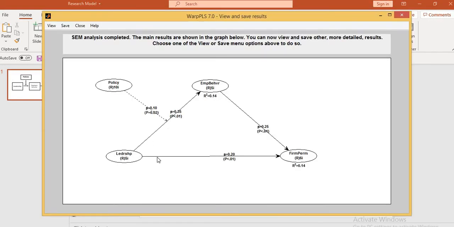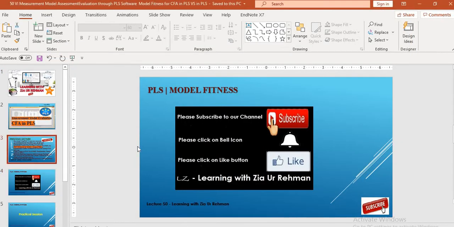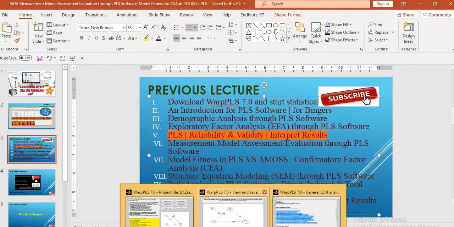Here we have drawn this model, and you can see our previous lectures for this purpose: how to draw this model, in our lecture 50, part 1 and part 2. These are exclusive lectures on how to use the software, how to draw these models, how to see and watch these results, and which tab is important. You can see our previous lectures as well.